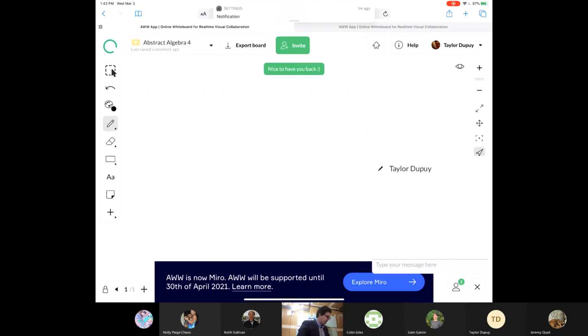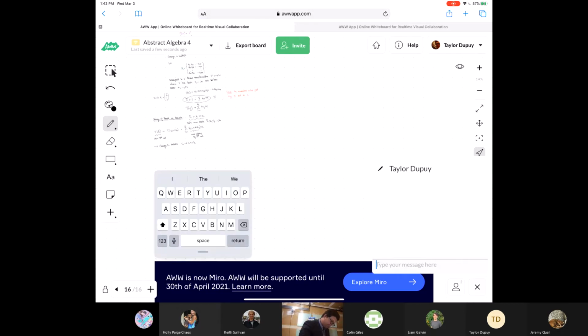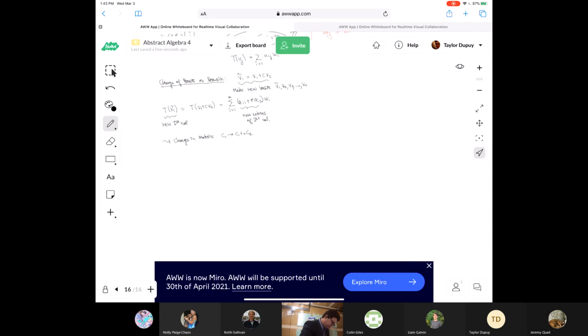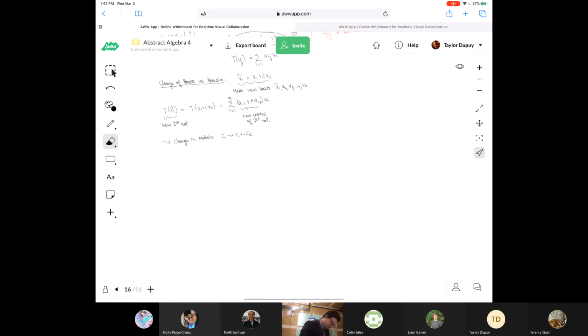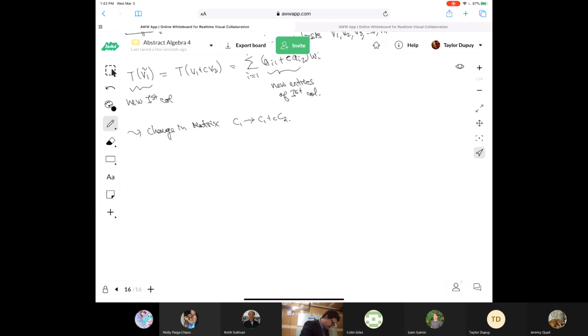Okay, so we're going to continue with this. The thing about the row changes is that they're a little bit more complicated. So let's do a change of basis on the target now.